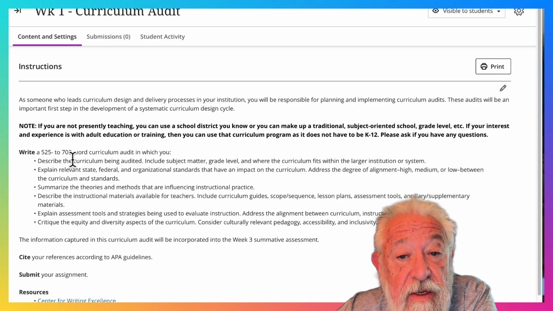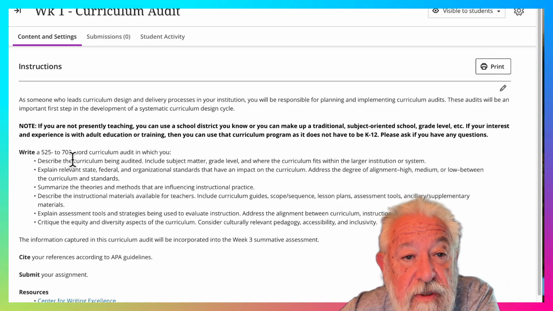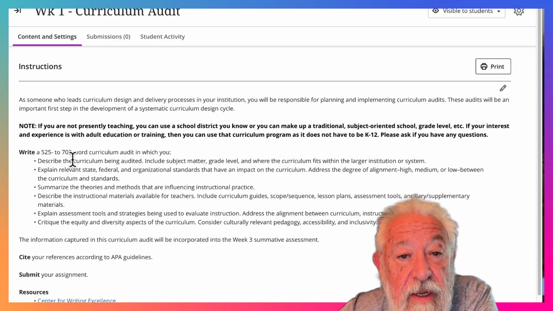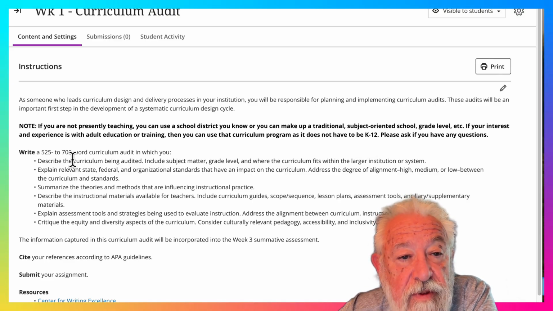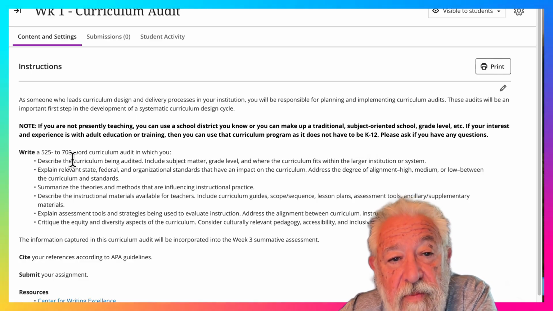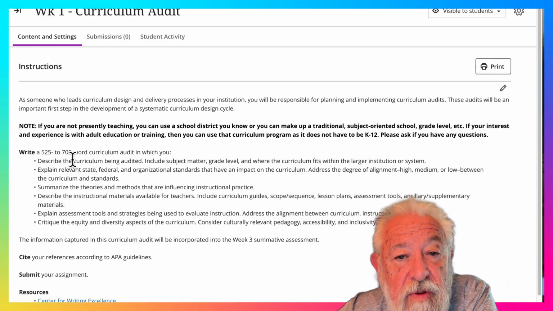You want to cite your sources, but you want to describe the curriculum and the subject matter, grade level. You can read all this, and each one of these bullets should probably be headers.